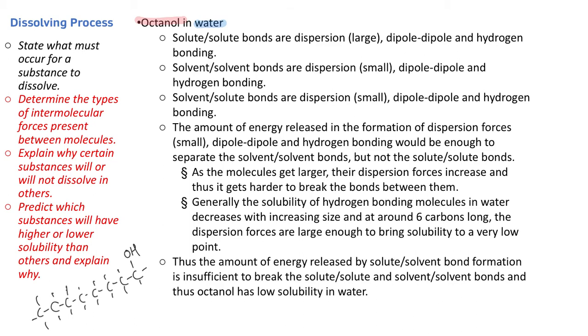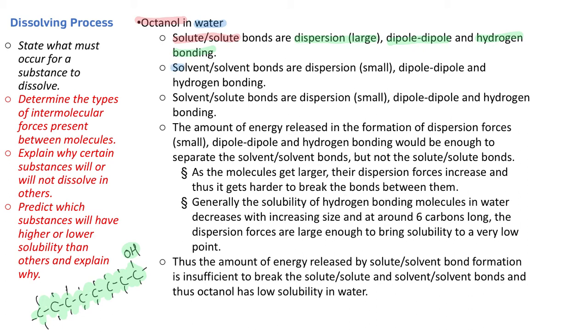Okay, so the solute here has dispersion, large. Why has it got large dispersion forces? Because it's got a large hydrocarbon chain there, right? It's got dipole, and it's also got hydrogen bonding. So it does have hydrogen bonding between those things there, right?